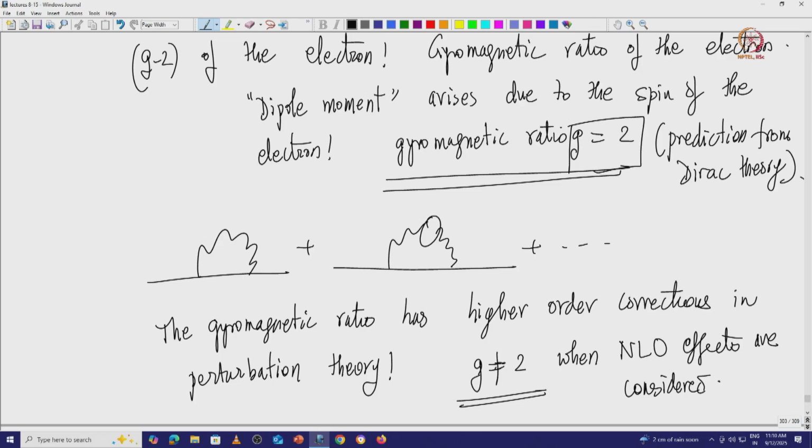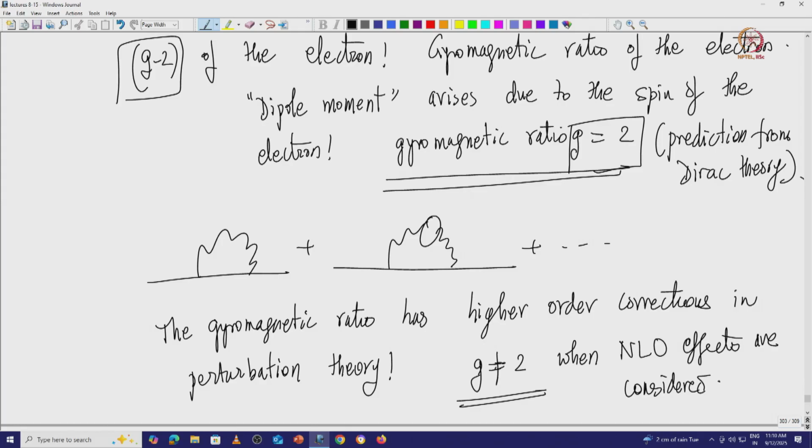But if there are radiative corrections, these higher order perturbation theory corrections will move away from g equal to 2. It will be shifted by these corrections, each of them giving you a loop factor, alpha times some loop factor times some constant.